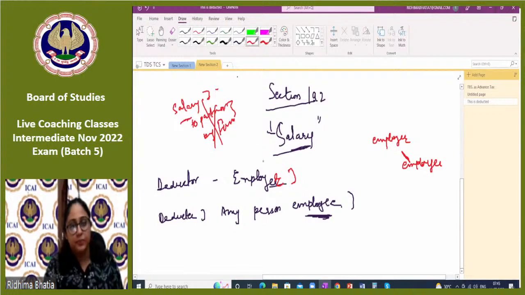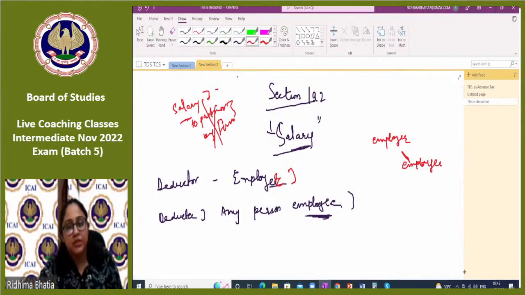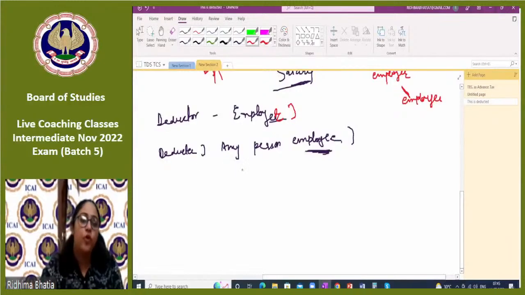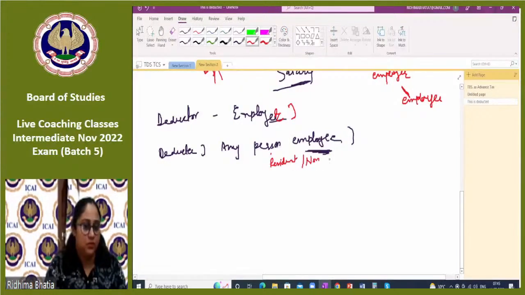Correct? So who would deduct the TDS? Employer for employee. Employee can be any person, whether resident or non-resident, does not matter. You are making a payment for salary taxable in India, you have to deduct the TDS.